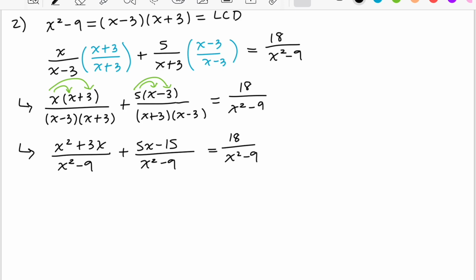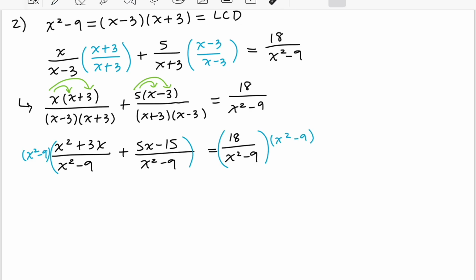So we now have our rational equation in terms of the least common denominator, x squared minus 9. And so if we multiply both sides of this equation by x squared minus 9, let's make this a little more clear. I'm multiplying this side by x squared minus 9, and I'm multiplying this side by x squared minus 9.